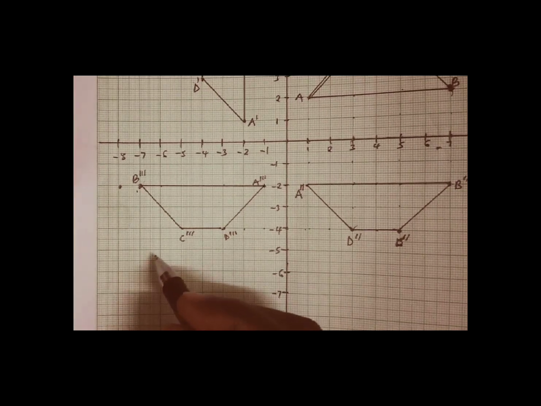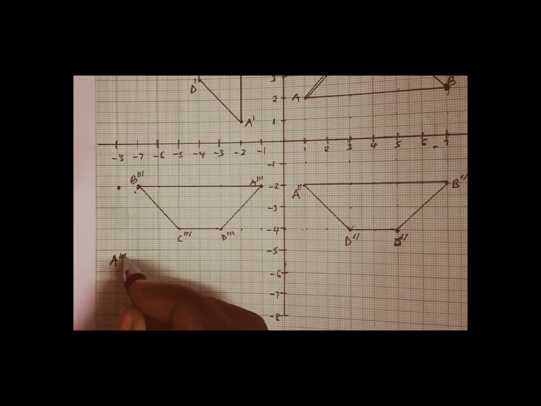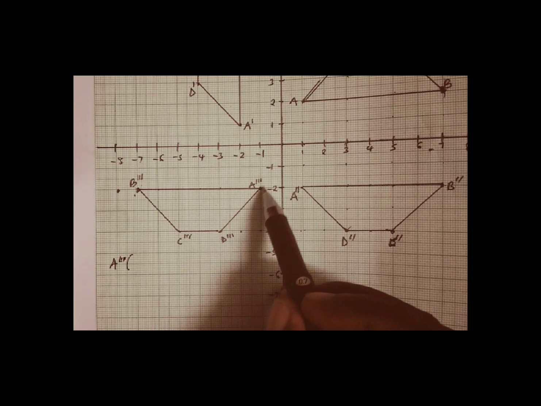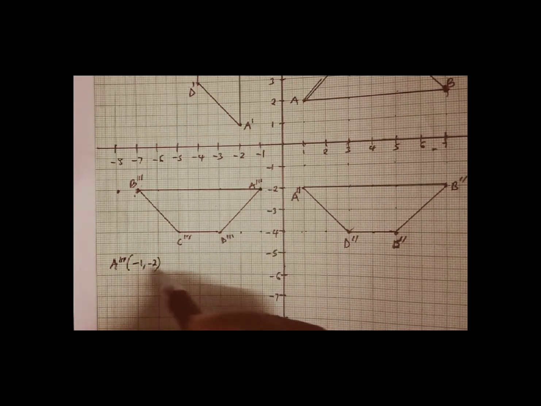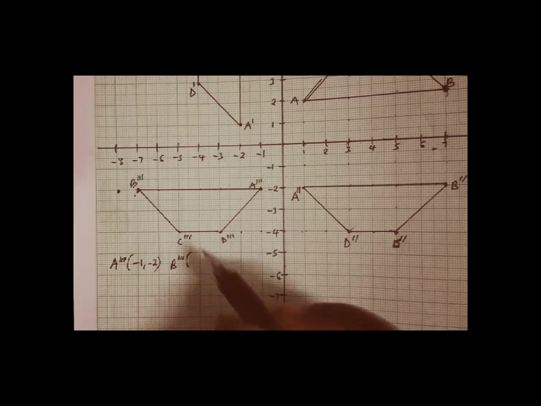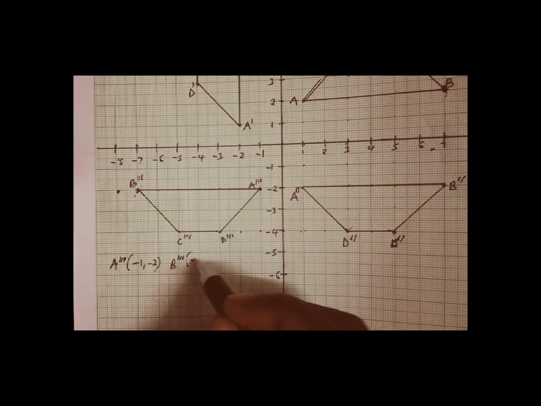The coordinates of A triple prime is going to be -1, -2. We have B triple prime, we are going to have -7, -2.